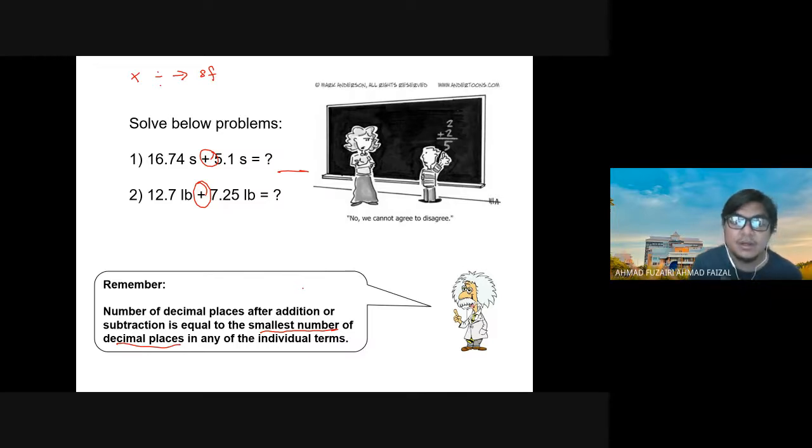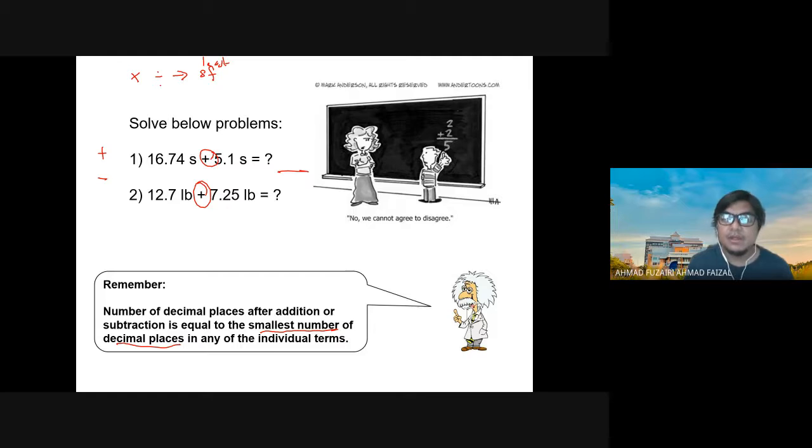So for addition and subtraction, we do not follow the least significant figures; we follow the smallest number of decimal places.